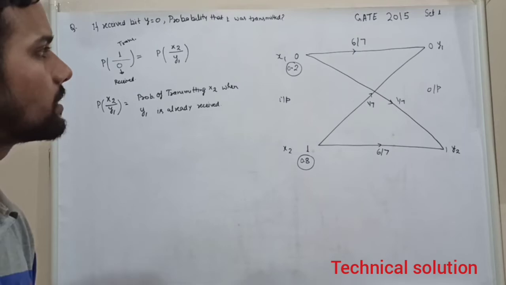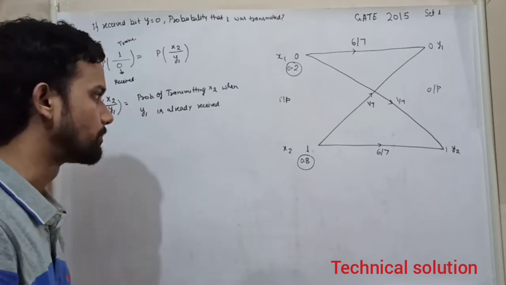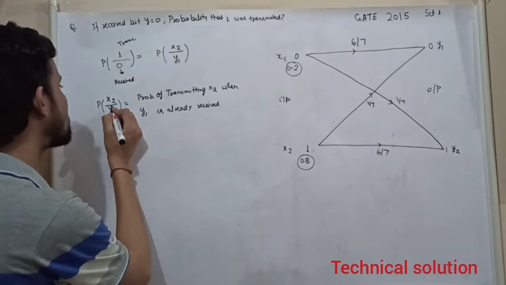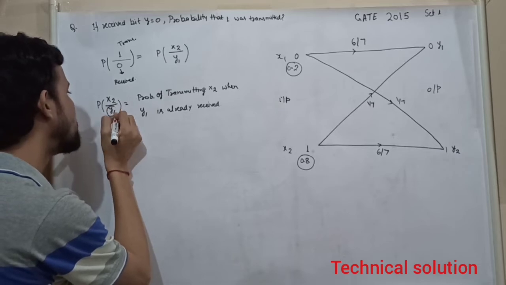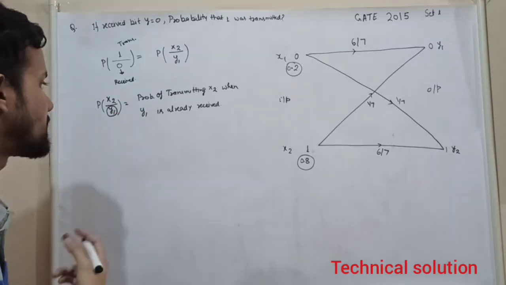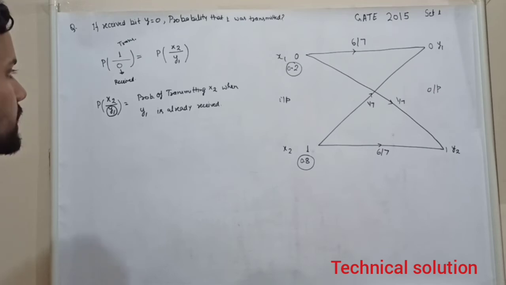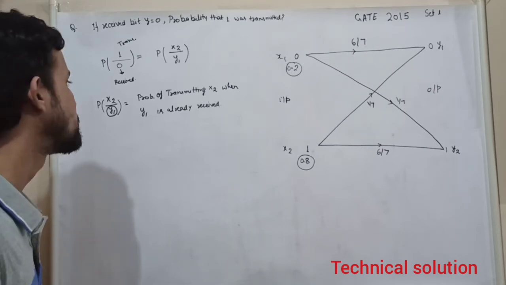This binary symmetric channel is solved using Bayes' theorem, in which the denominator term is already known, whether it is the transmitted bit or the received bit. Therefore, it is solved by Bayes' theorem.